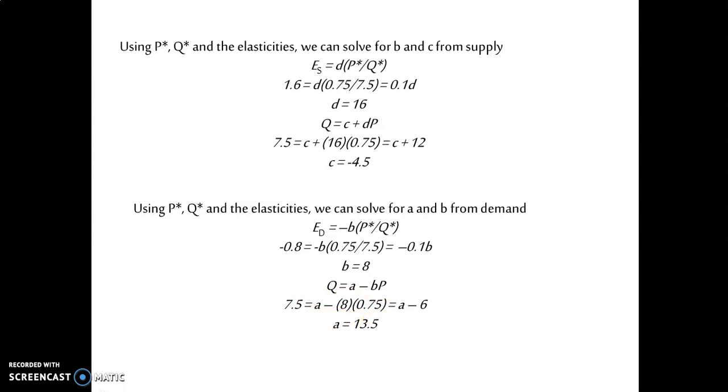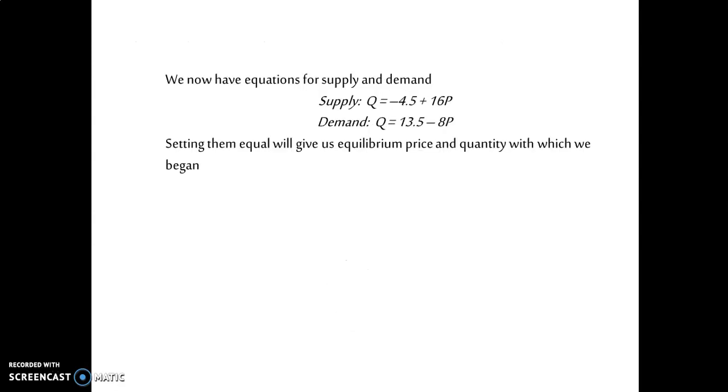Thus, we have all four parameters, A, B, C, and D, for our demand and supply curves. So what are we left with? Well, we have our equations just by following those two simple steps and fitting the data.